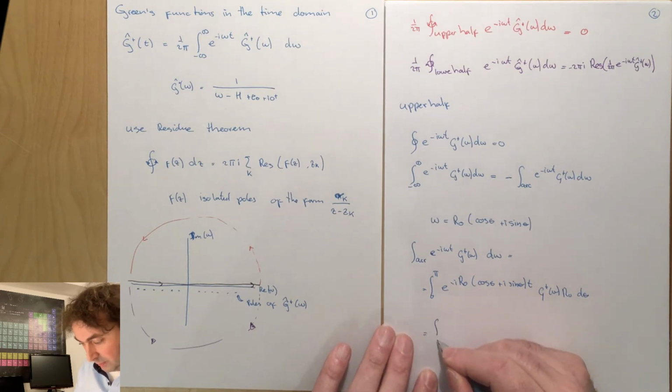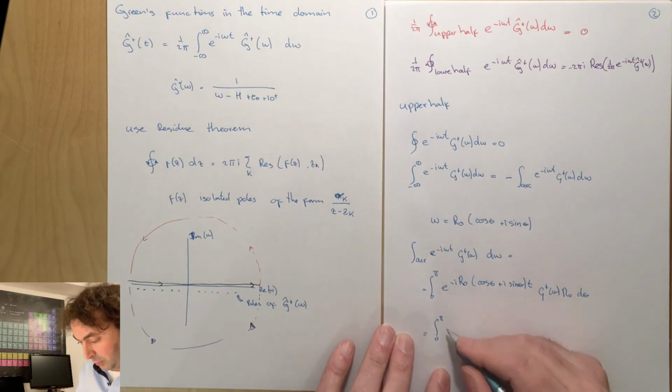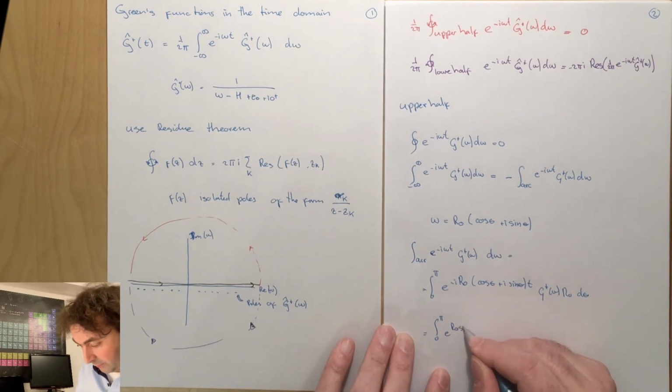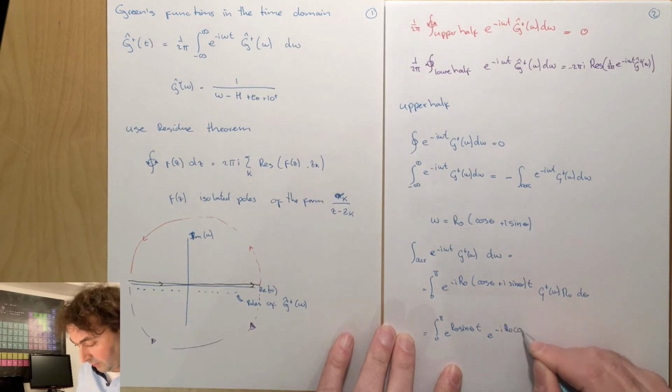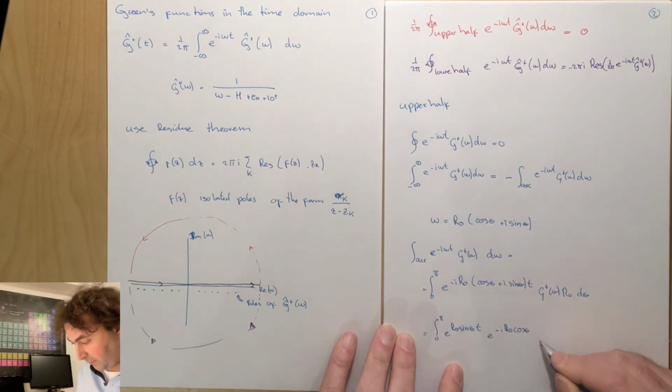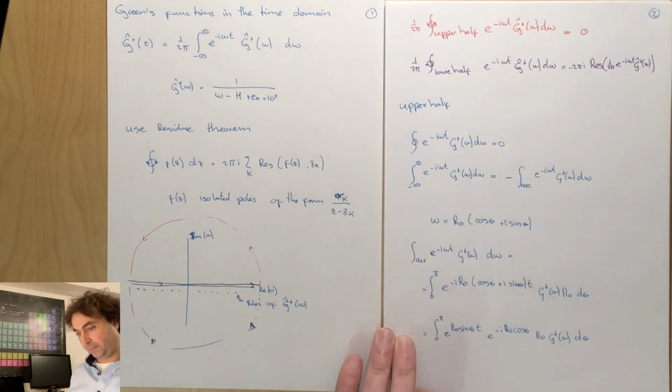Which is equal to the integral from 0 to pi, we can multiply these out, e to the r0 sine theta t, e to the minus I r0 cos theta, r0 g plus of omega d theta.